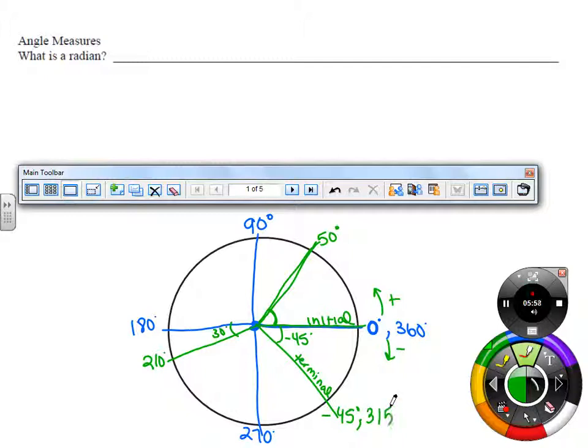Are those the only two names for that angle? Let me ask you this. Where would a 990 degree angle be? 990 degrees. It would go around and around. So let's see how many times.